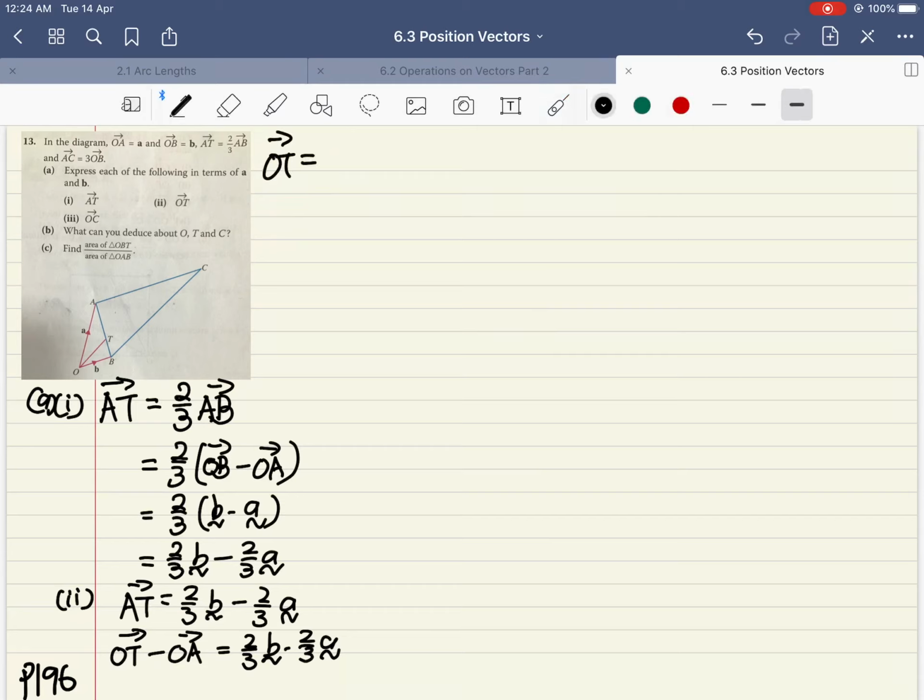I will carry on my working down here. So what I get is OT equals 2/3 B minus 2/3 A, so it will be plus OA down here.